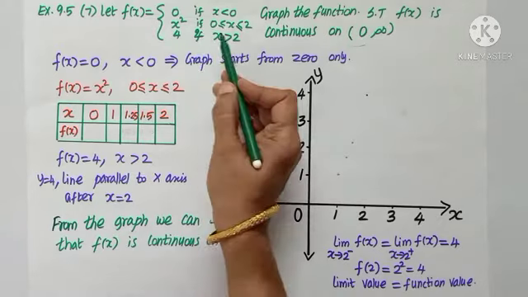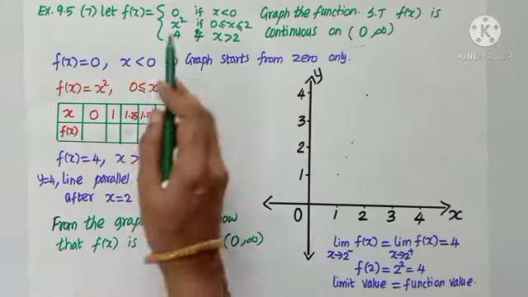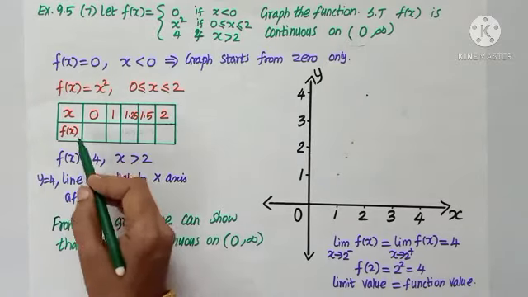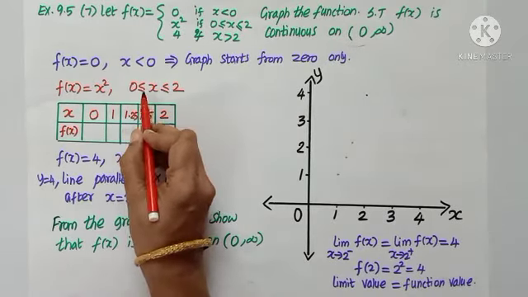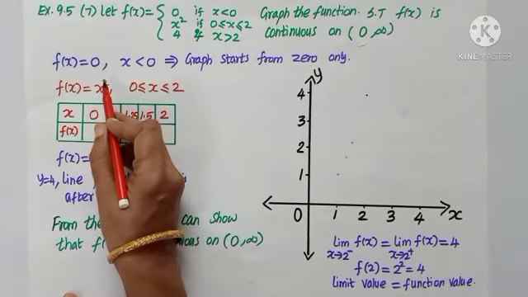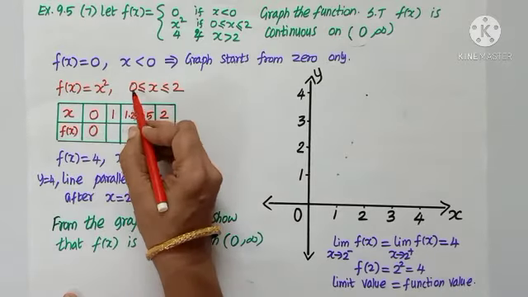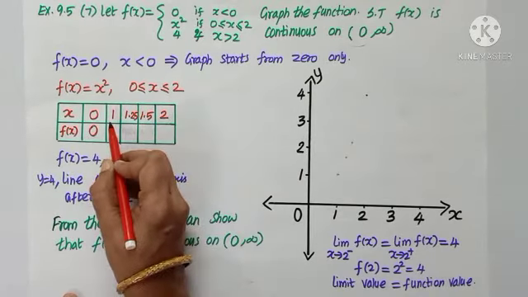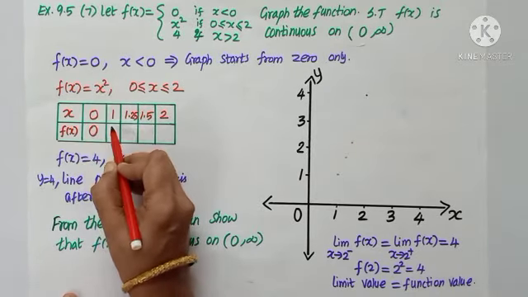When I come to x in between 0 and 2, it is x square. So, let us put some values for x in between 0 and 2. I can put x equal to 0, f of x will be 0 square, that is also 0. In between 0 and 2, I can put 1. Here I put 1 square, it is 1.